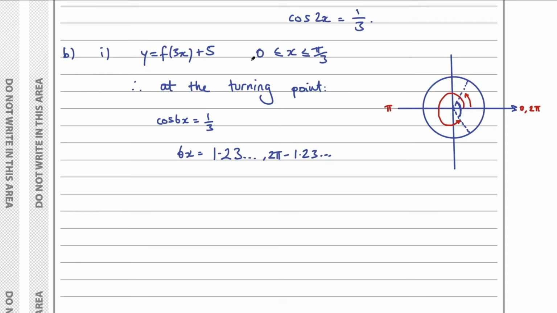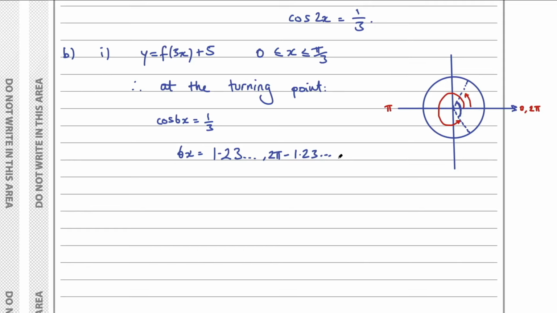Keeping in mind our domain is between 0 and pi on 3. So you could keep going here. You could say the next solution would be 2 pi plus 1.23. And depending on what that turns out to be, once we divide by 6, it may fall within the domain, but we don't care about that, remember, because we only want the maximum, which is this second solution.